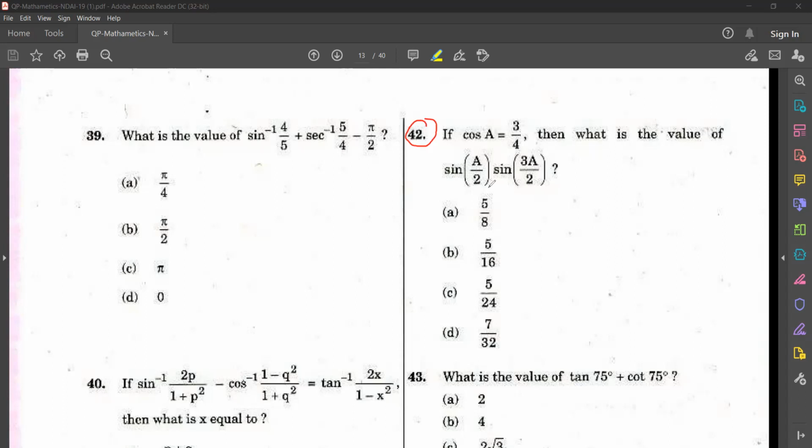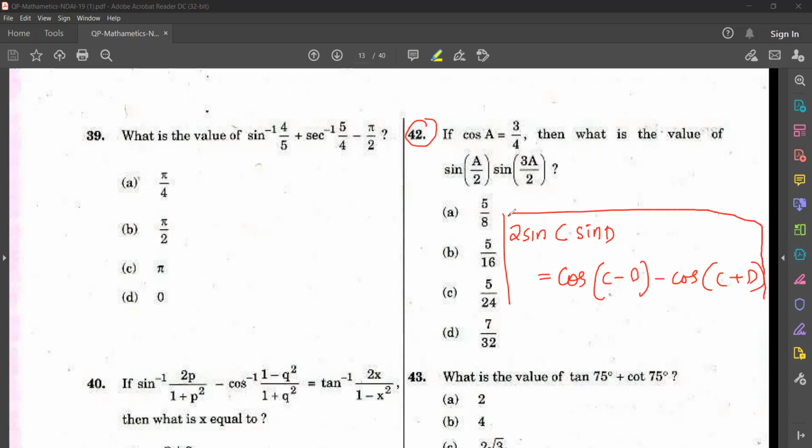You can apply a formula, and I'm giving the formula to apply. If they are giving 2 sine C sine D, what is the formula? 2 sine C sine D is equal to cos C minus D minus cos C plus D. Use this formula.